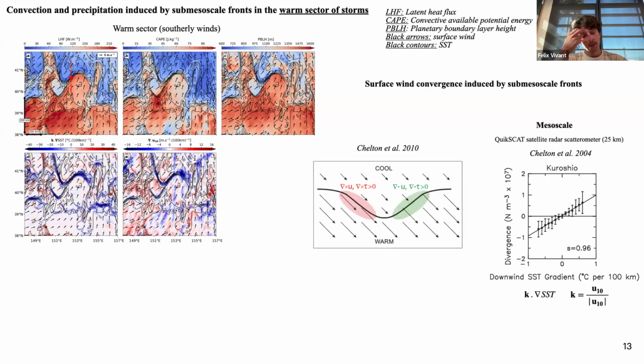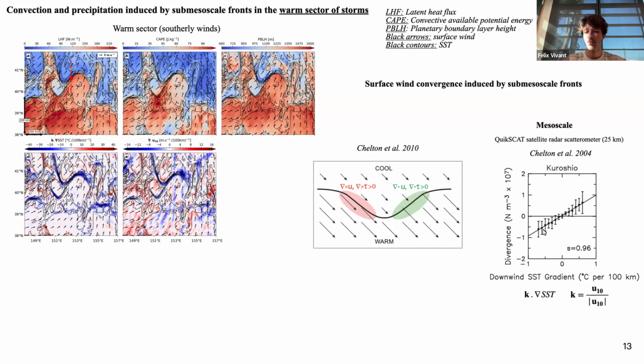In addition to that, submesoscale fronts also induce surface wind divergence. This mechanism is an effect of turbulence, which tends to accelerate the wind above the warm side of the SST front, as you can see on this schematic of Shelton et al. Depending on the wind direction, this mechanism creates either wind divergence or wind convergence at the surface.